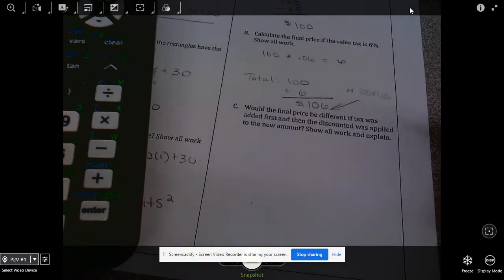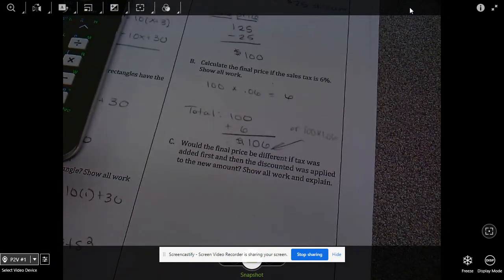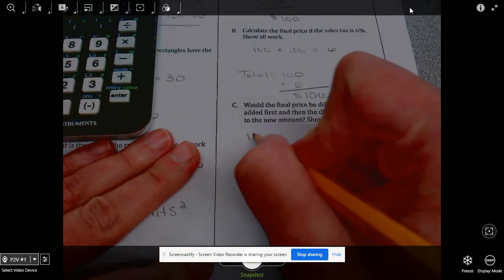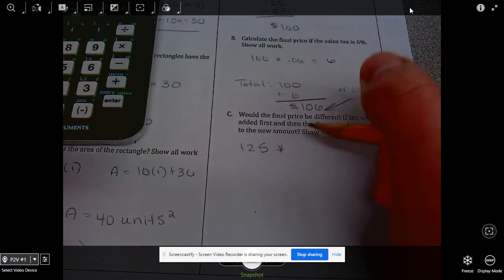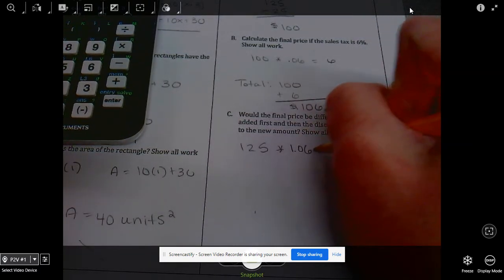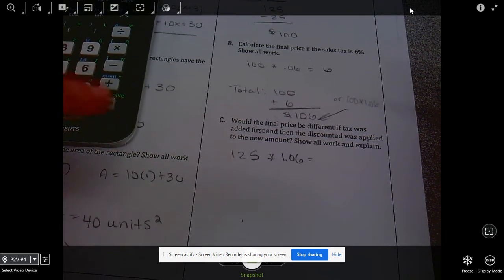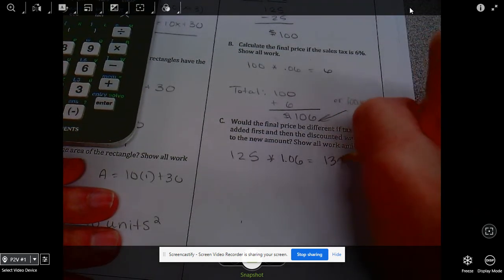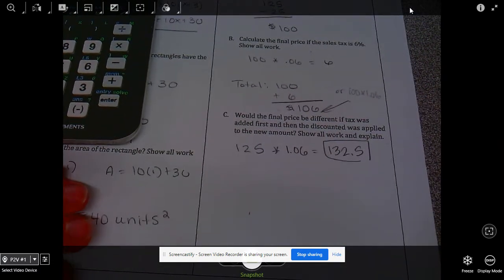It says, would the final price be different if tax was added first and then the discounted price was applied? Show work and explain. So if we go back to our original of 125, what's 6% of that? Well, we could just keep it, the 1.06, to know what the new total would have been. So all in one fell swoop, we know that the 6% plus the original price, it would have been 132.